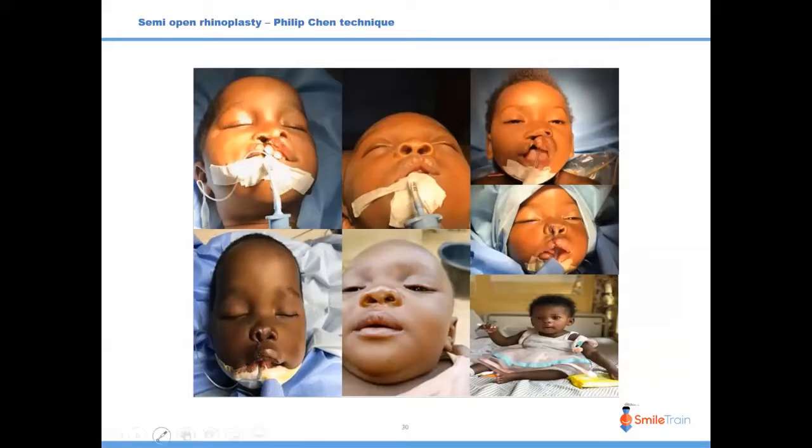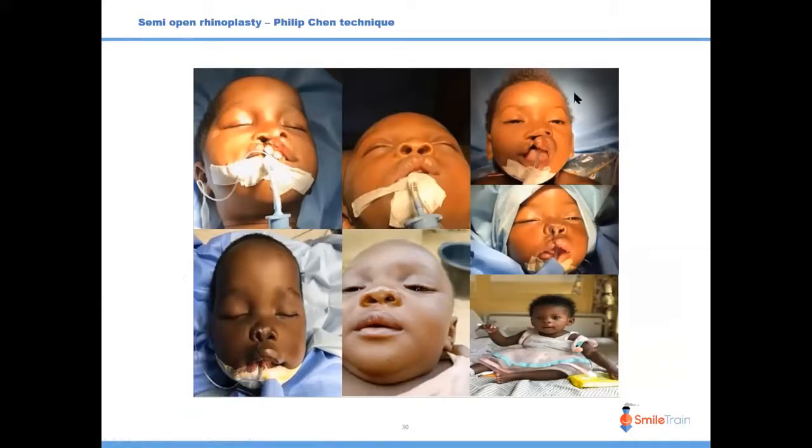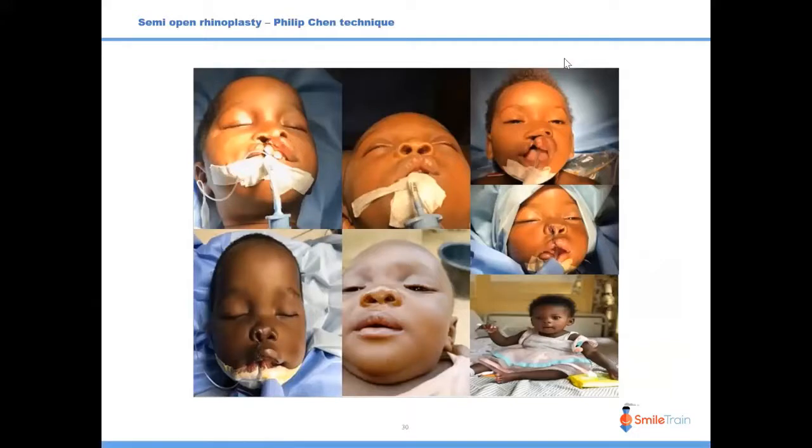Other patients, same technique. Always note the increased nostril height, the reduced nostril diameter, and below them are the outcomes after the repair.